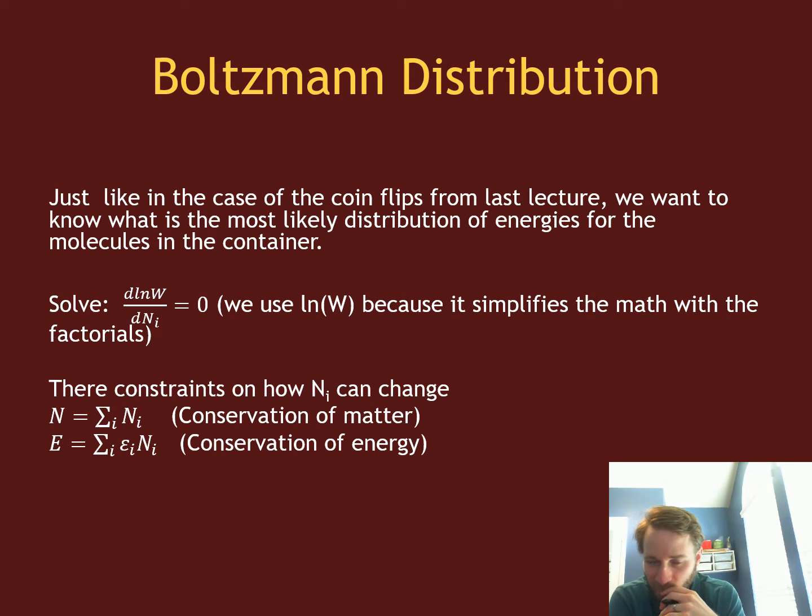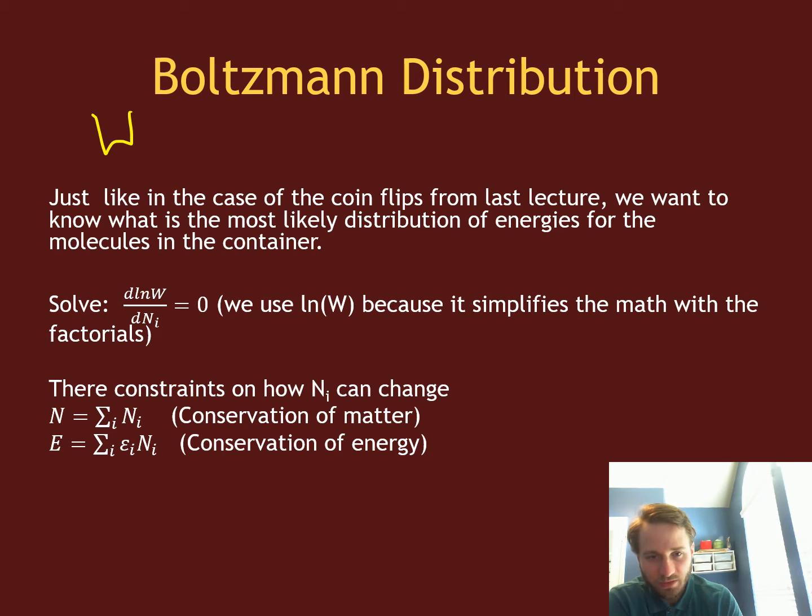To solve for this, what we're interested in is, again, this weight, which gives us the likelihood of being in a certain outcome, that weight with that factorial.